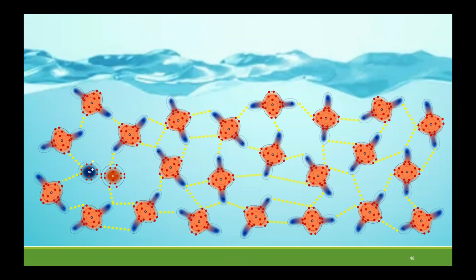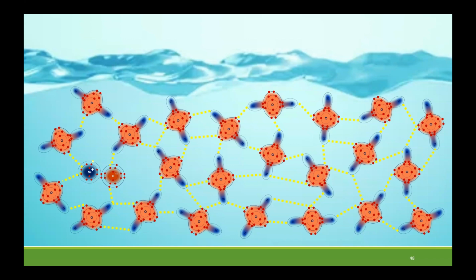And this works because sodium chloride is an ionic molecule that has electrical charges in it. So the attractions that are found between water molecules, between the positive end and the negative end of separate water molecules, can be substituted for attractions to other molecules that have full or partial electric charges.